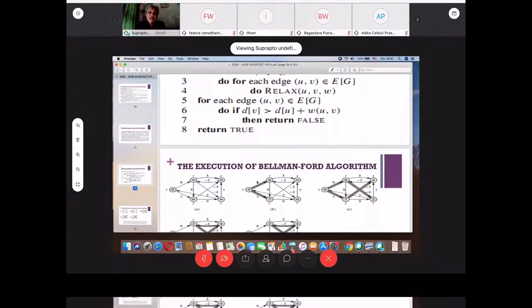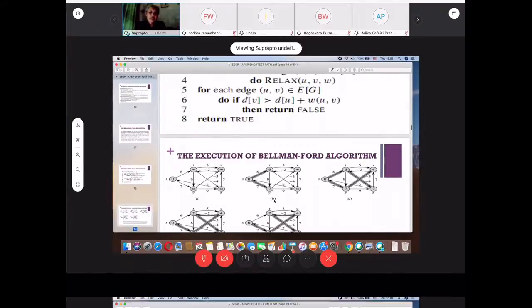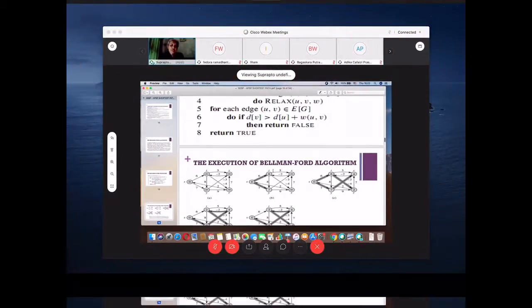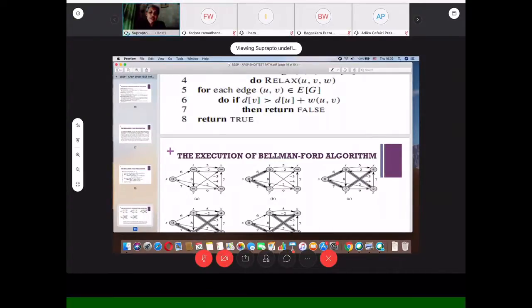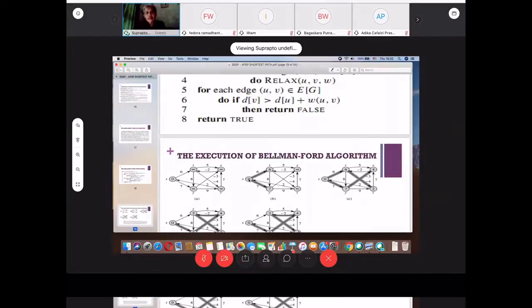And then starting the relaxation for each edge in figure B, right? In figure B, starting from this edge, instead of having the shortest path estimate infinite, when we use this, and because this shortest path estimate is 0, when you add 6, then you will have 6 in it instead of infinite.